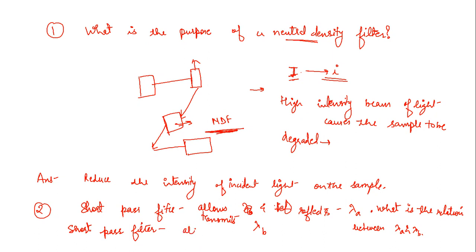Short pass filter allows or transmits shorter wavelength of light, and does not transmit longer wavelength of light.